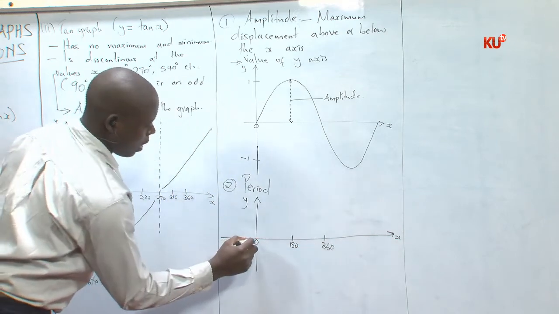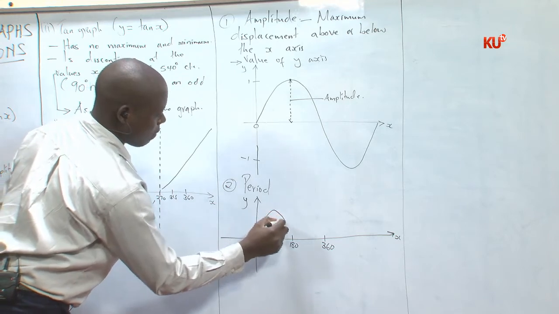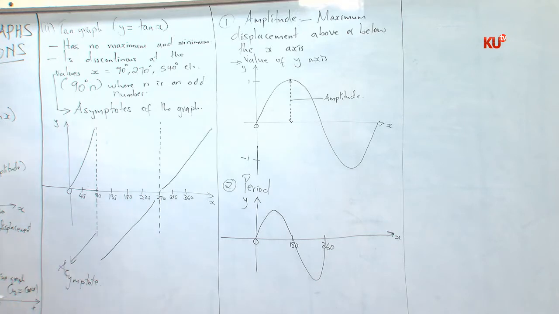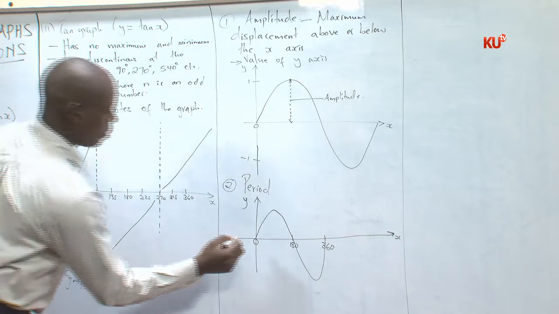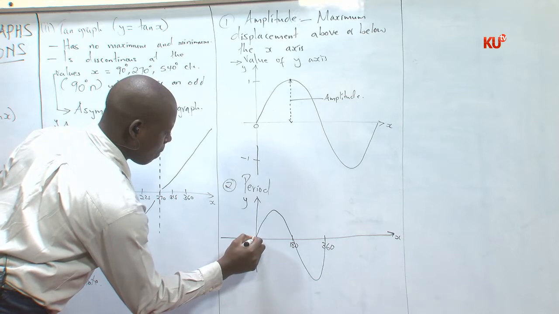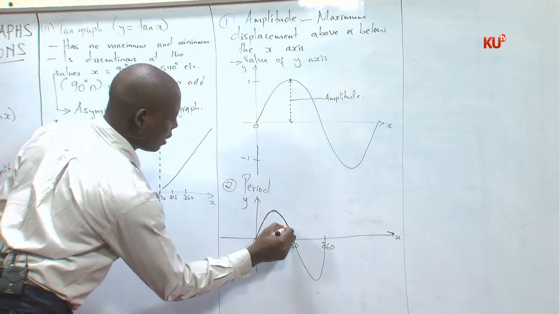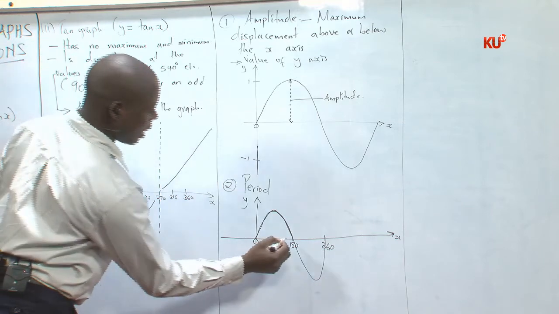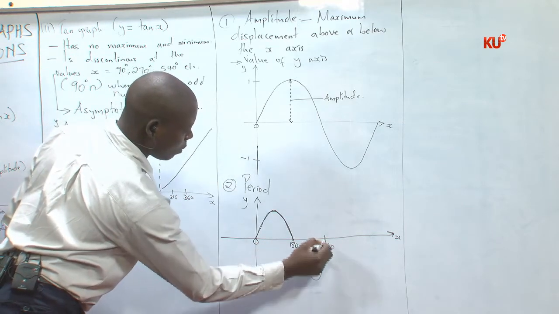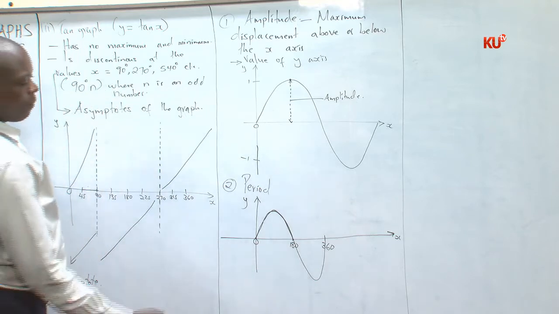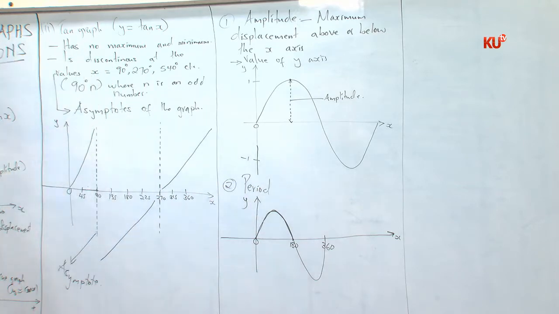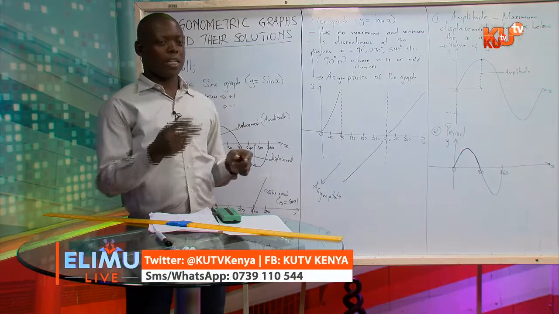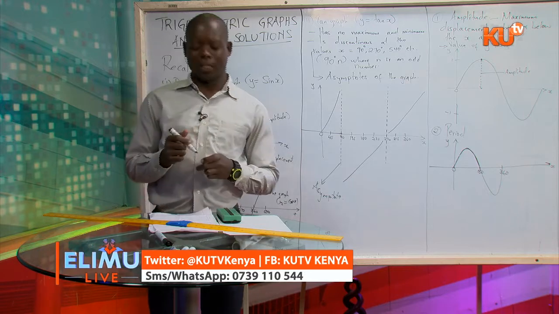So if I have this curve turning at this point, then by the time we get to 180 degrees, we shall have made half of the circle. And so another half is from 180 to 360. Therefore, this wave has a period of 360 degrees, because that is the angle that we've taken to make one complete cycle.